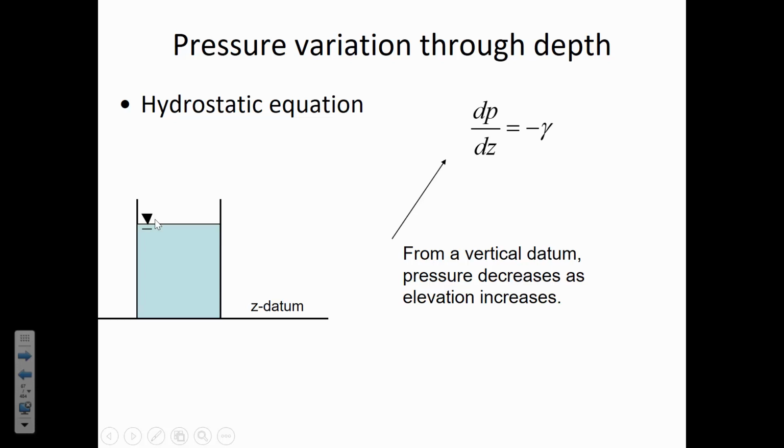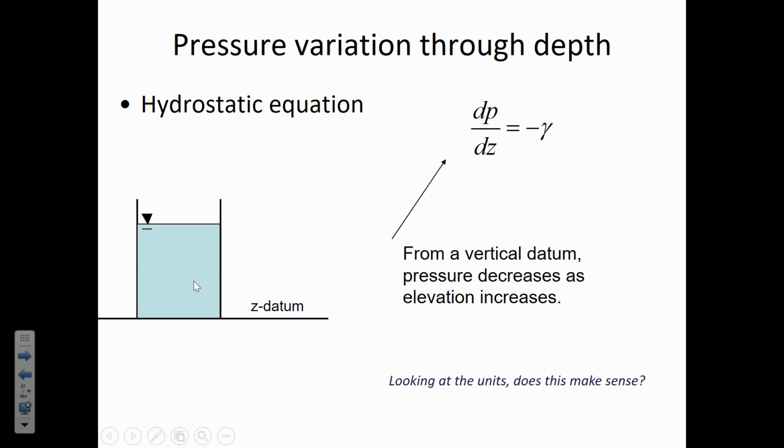That doesn't affect the general trend that as you go up through a liquid, meaning that the Z is increasing, then the pressure decreases. But if the Z is decreasing, the pressure goes up.